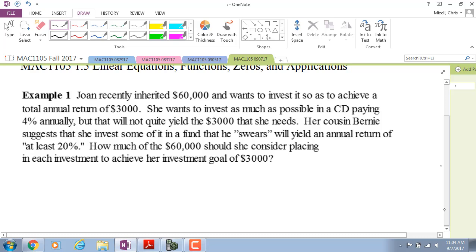Let x be, there are a couple of things that we don't know. We don't know how much she should invest in the CD. We also don't know how much she should invest in Bernie's investment fund. Let's let x be one of those. Anyone have a preference? Let x equal the amount to be invested where?